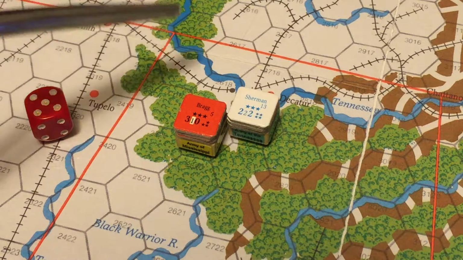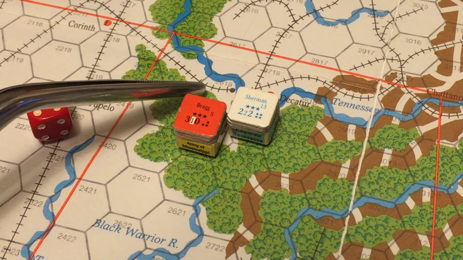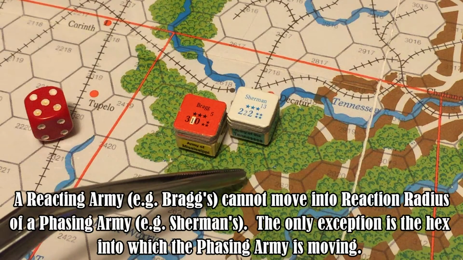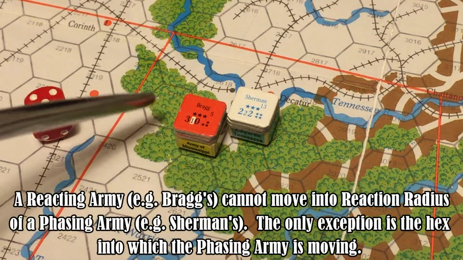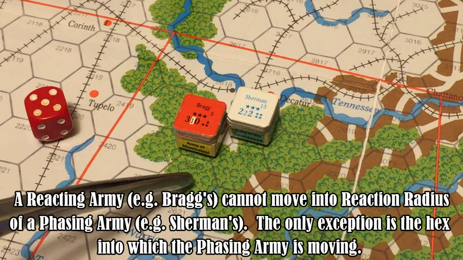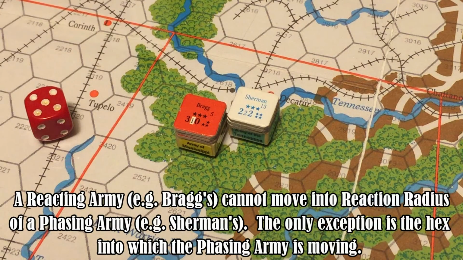He could not move into this hex, which is adjacent to the Army of the Tennessee, nor into this one either. So the choices are these 3 hexes, away and not adjacent to the Army of the Tennessee, or the hex where the Army of Tennessee is or has moved into.